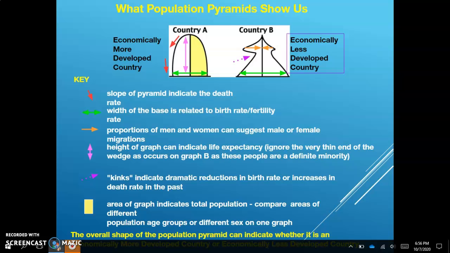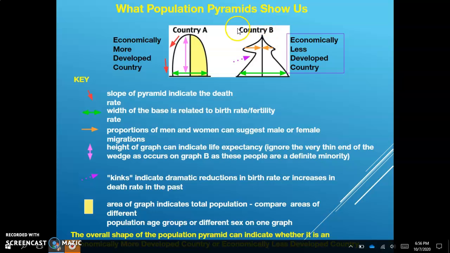We'll talk a little bit more about developed versus developing countries when we talk about demographic transition in the future. But basically, if we have more of a well-rounded pyramid or age structure diagram, this is going to be a more developed country. Like the United States would be economically developed, and so this diagram is going to be a little bit more symmetrical.